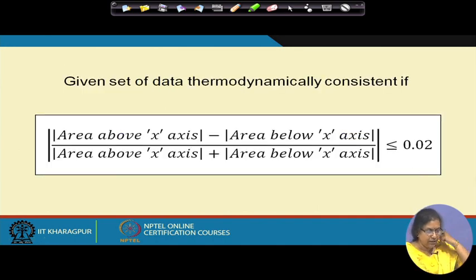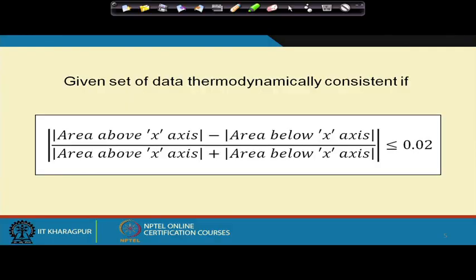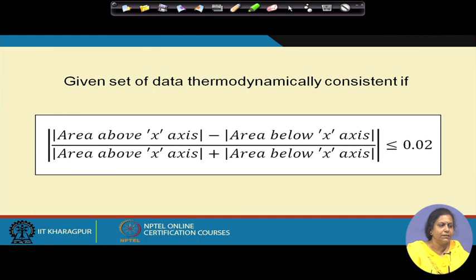Since we are dealing with experimental data, it can always happen that due to experimental uncertainties, we will definitely not get the area to be exactly equal to 0. So, keeping this in mind, normally it is accepted that the area above the x axis minus the area below the x axis, divided by the total area, has to be less than or equal to 2%. So, this is generally the situation.